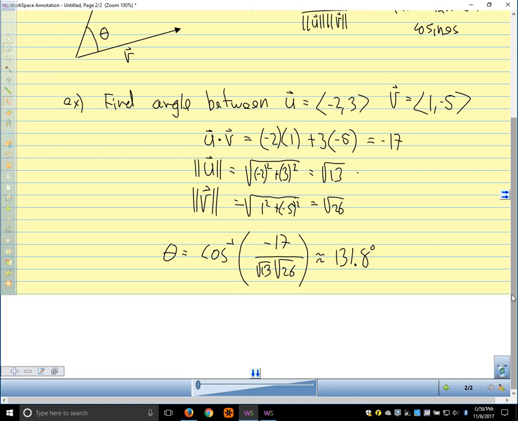So the angle between those two vectors is about 132 degrees. So if those vectors represented some kind of force or some kind of velocity, air velocity and wind velocity, having the angle between them is going to be a useful piece of information.